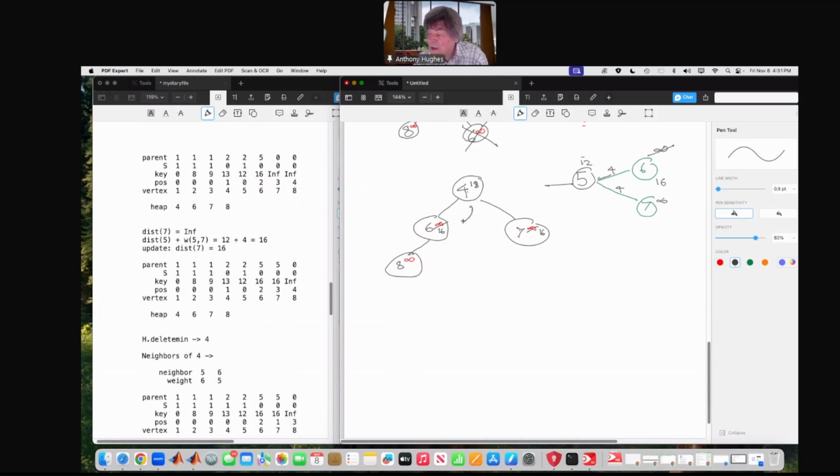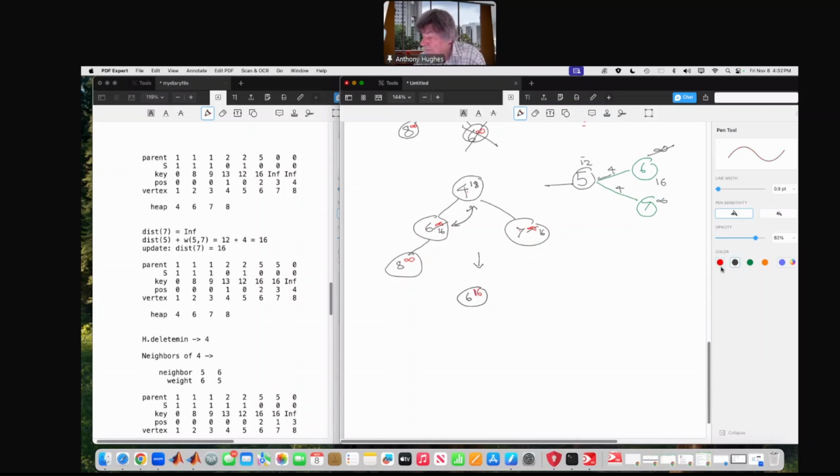Do you see? If in the tree we do the update and the update results in the updated node being smaller, we would have to change it around. So in other words, we would get 6 at the top with 16.